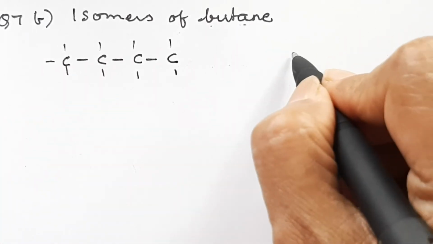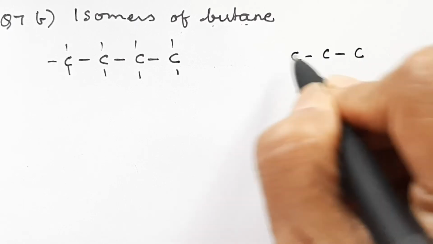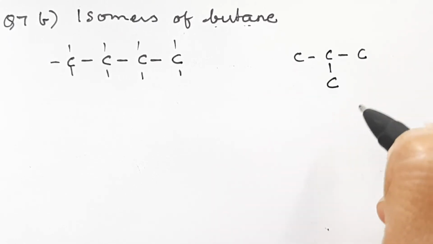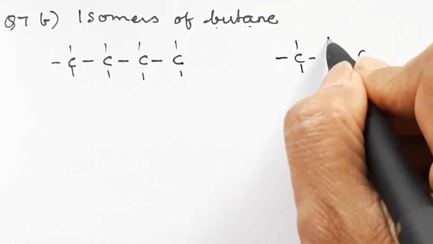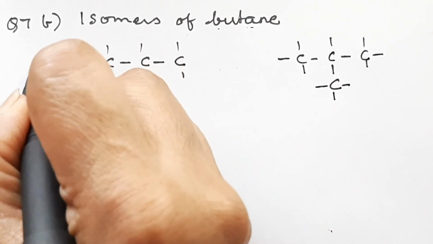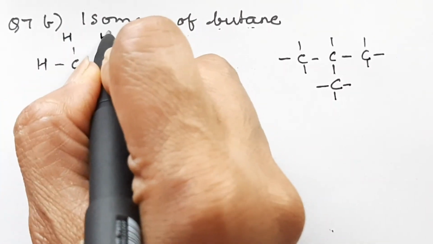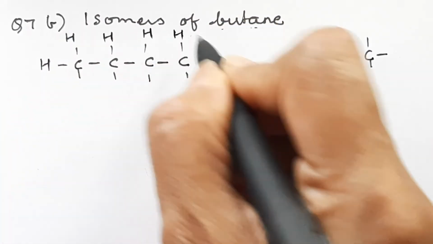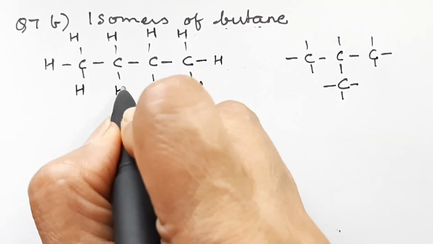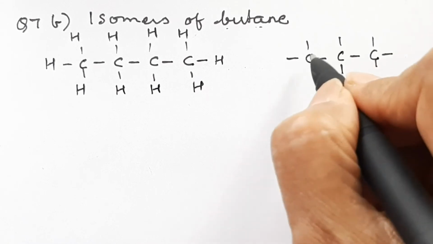And the second one will be where we will have 3 carbons and 1 carbon will be attached here. So each carbon you should show with 4 valencies and write H everywhere because it's a hydrocarbon. Each carbon must have 4 valencies. See here.